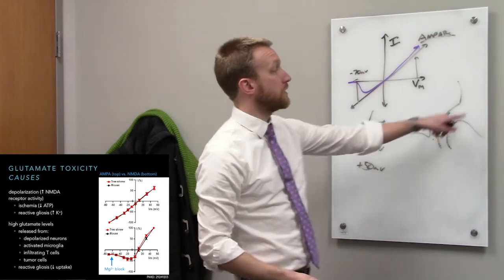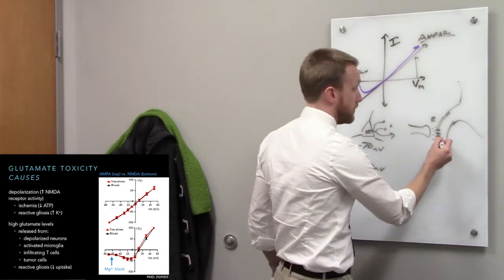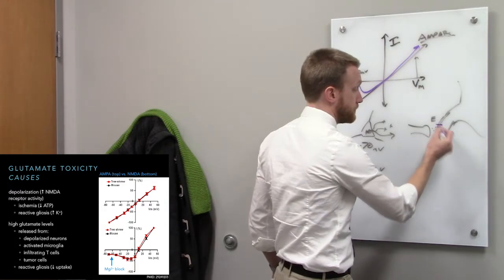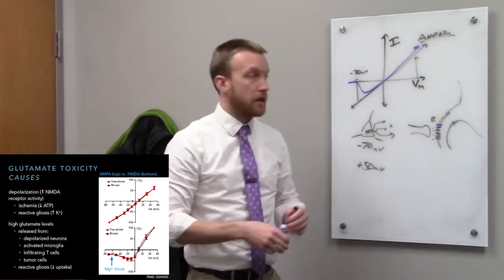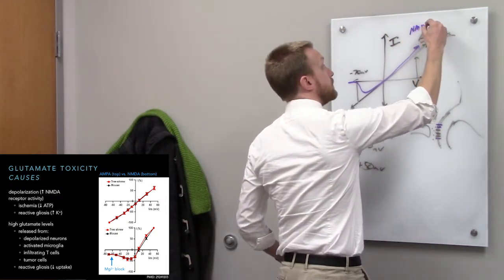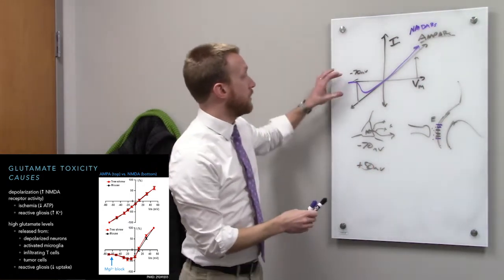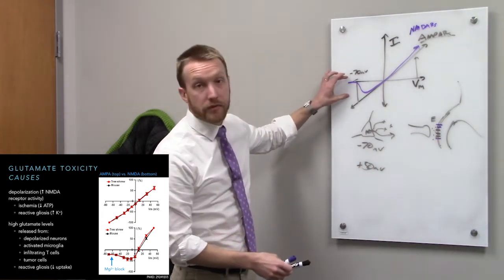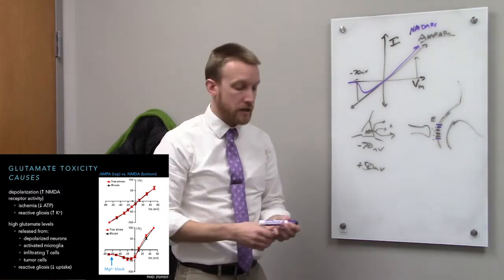And only if the neuron is already depolarized are we going to stimulate Nmda receptors. Now, the difference between Ampa and Nmda receptors lies not only with the shape of their IV curve, but also how many ions are they going to let in.